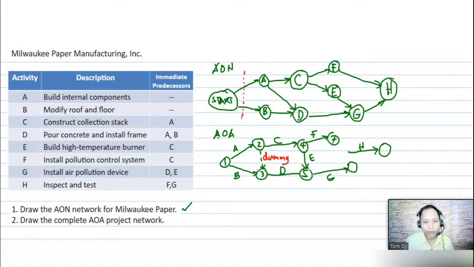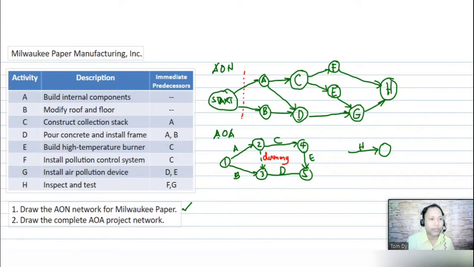If we connect F to this one, we will go directly with F here as well as G here. So we have to change that. For F and G, we have to change those lines or arrows to this one.